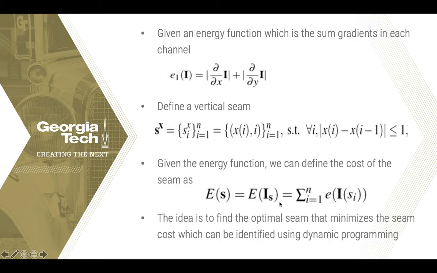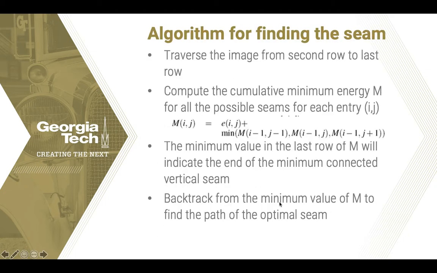The idea is to find the optimal seam that minimizes the seam cost, and this can be identified using dynamic programming. The algorithm goes this way. One would traverse the image from the second row to the last row, and then compute the cumulative minimum energy, or the M, for all the possible seams of a given pixel.